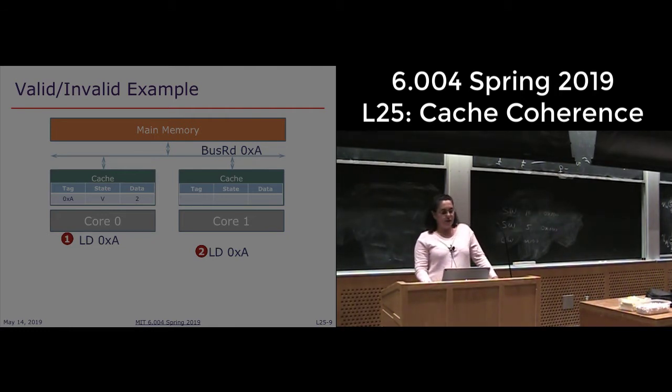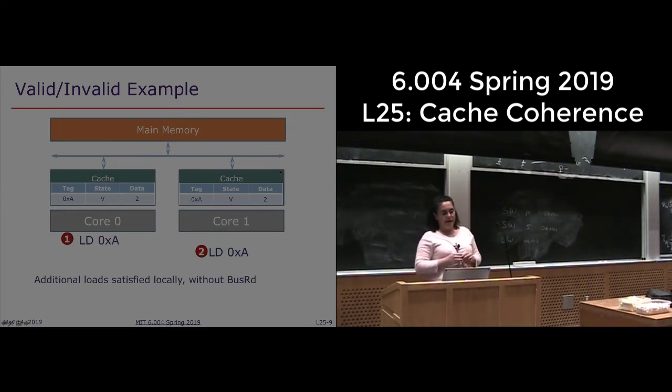And again, the main memory is going to respond and tell us that the value is 2, and we can now modify our state to be a valid state. So now both of our caches have the correct value for address A.